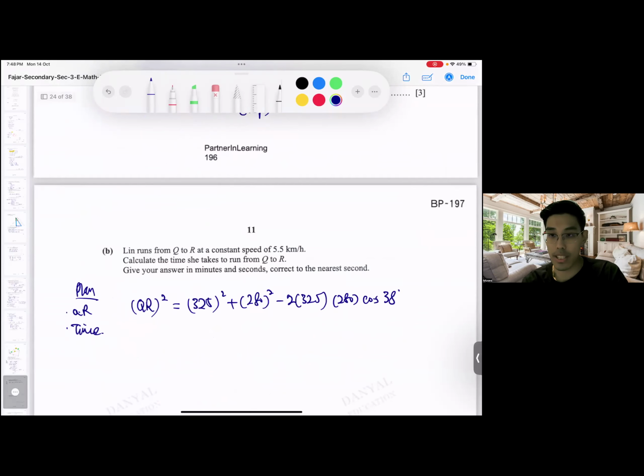So another question is this. When learning the cosine rule, do we need to memorize all three forms of the cosine rule with the different angles or sides that are given? I know some schools say yes, some say no. Most of the schools will say yes. My answer is no, don't need.